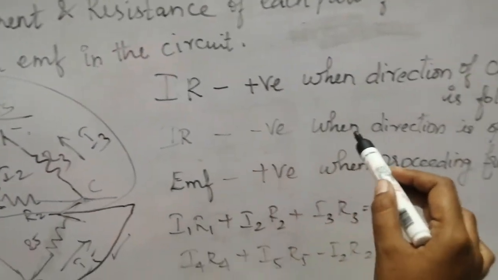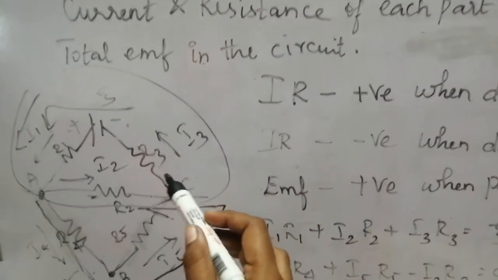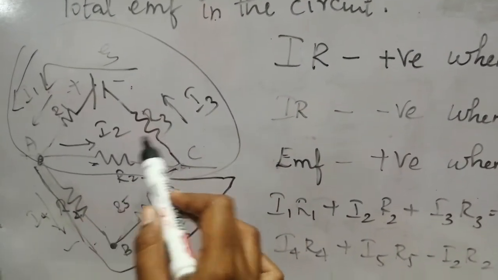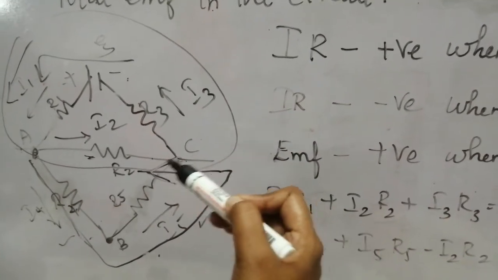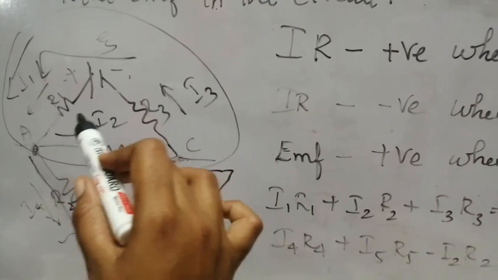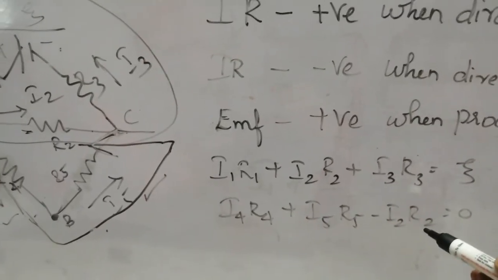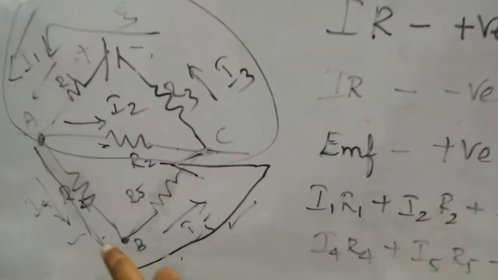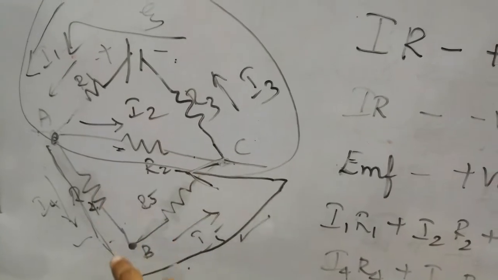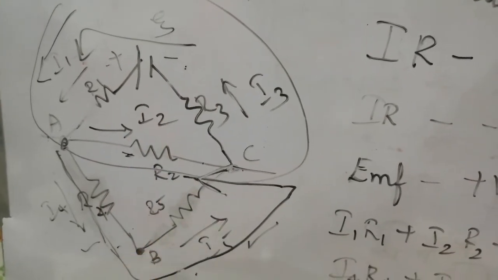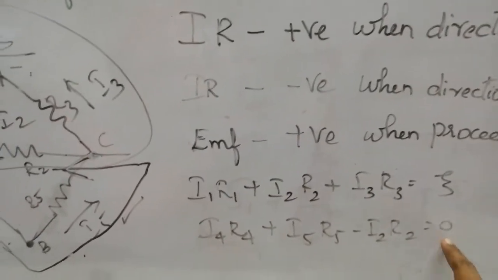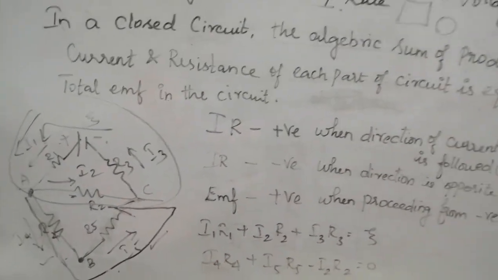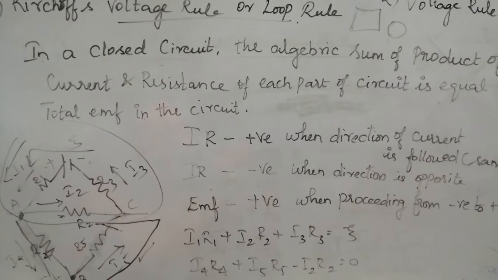As the current flow direction is opposite to the direction that we follow, you have to take it as negative. So minus I2 R2 is equal to the EMF in this part of the circuit. We don't have any battery here, no EMF value in this part of the circuit, so it is equal to 0. This is Kirchhoff's voltage rule.